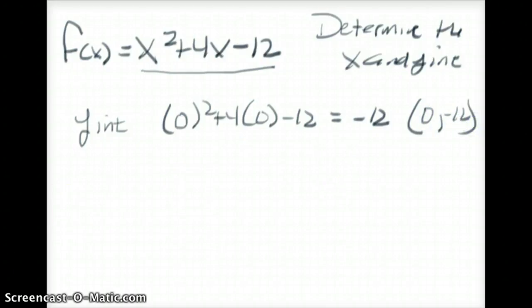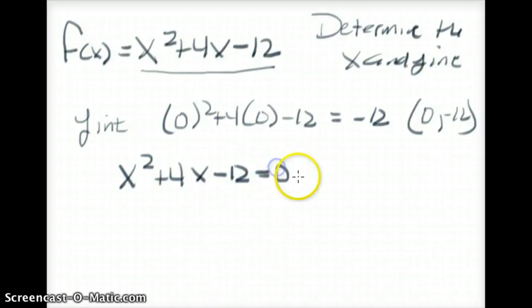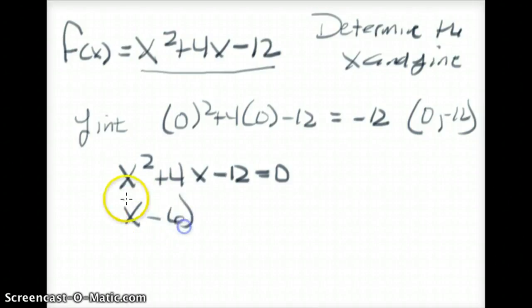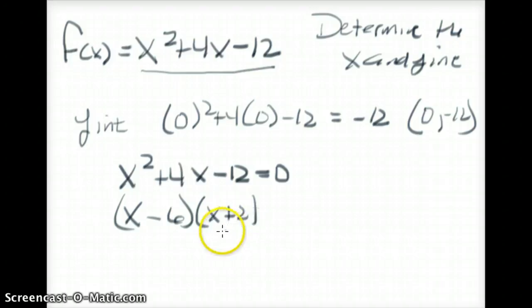All right, can we find the x-intercepts? So remember from the last slide, to find the x-intercepts, you got to set the function equal to 0. Okay, now let's see. I wonder if we can factor x minus 6 and x plus 2. Would that work? No, it would actually be plus 6 and minus 2. Again, that goes back to factoring trinomials.